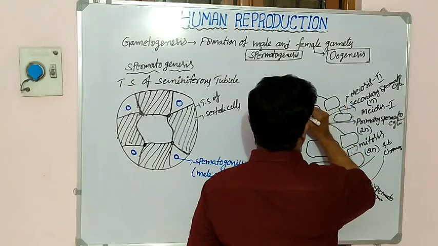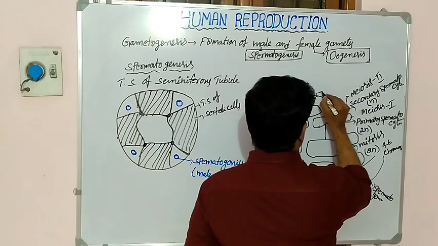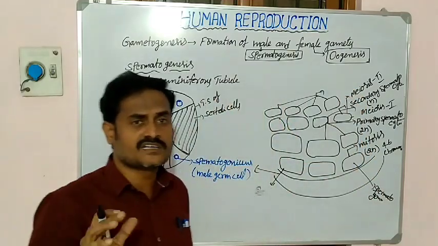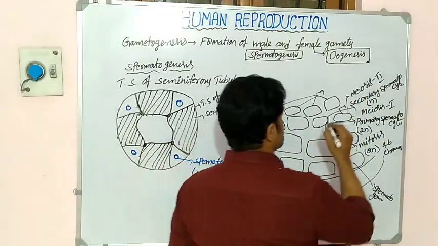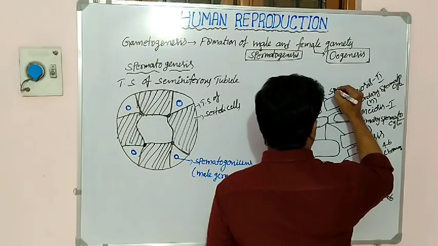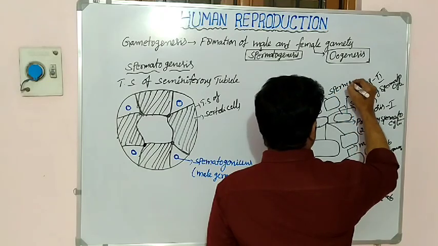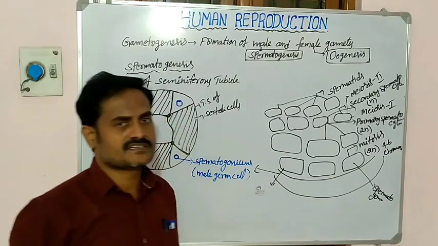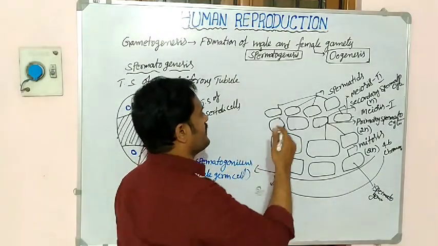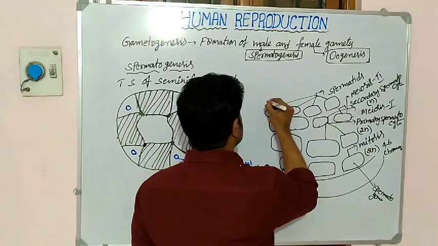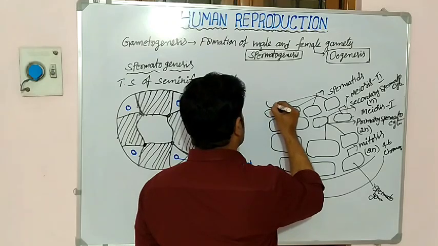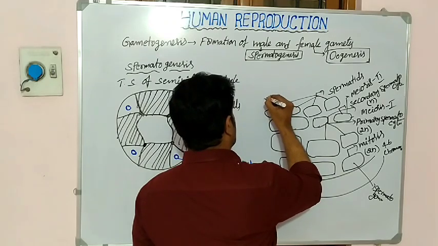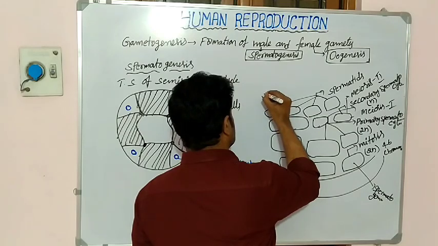These 4 daughter cells are called spermatids. After that, each spermatid develops into a particular shape which looks like a sperm, like this.